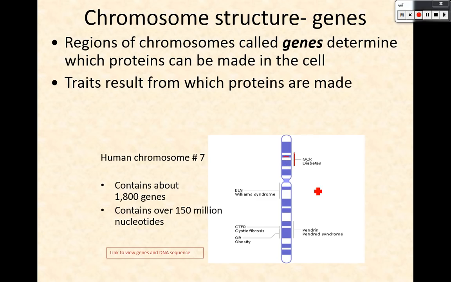So genes actually have coding and non-coding portions on your chromosome. The coding portions, the parts that code for something, are called exons. You don't need to remember that term. And then the non-coding parts are called the introns. They're in between the coding parts. I like to remember exons because it's expressing a gene.